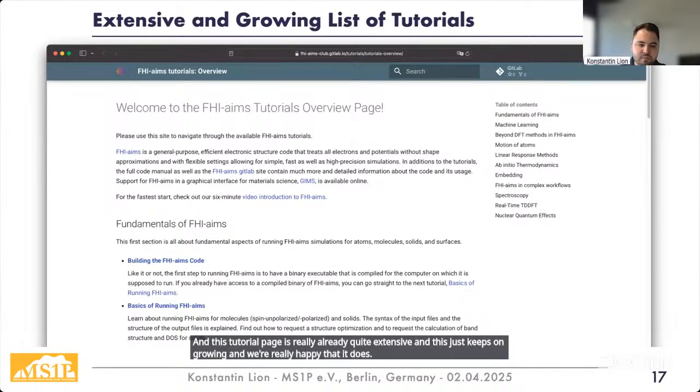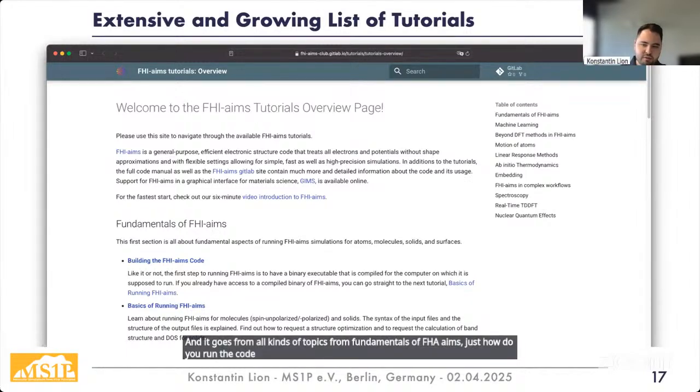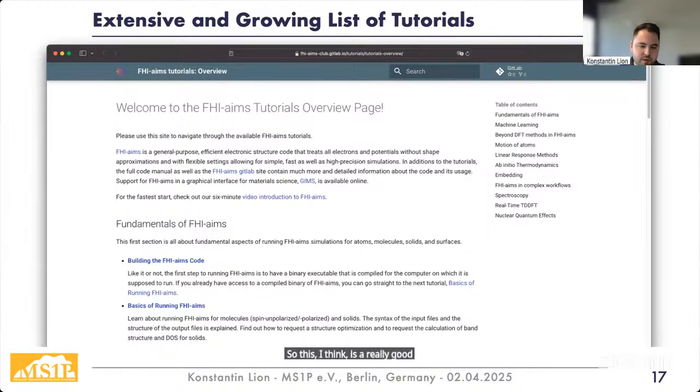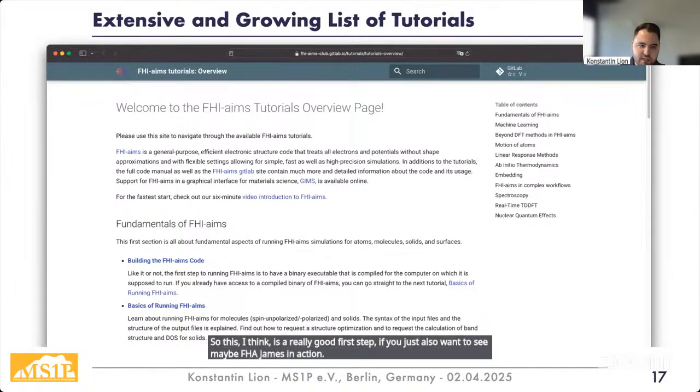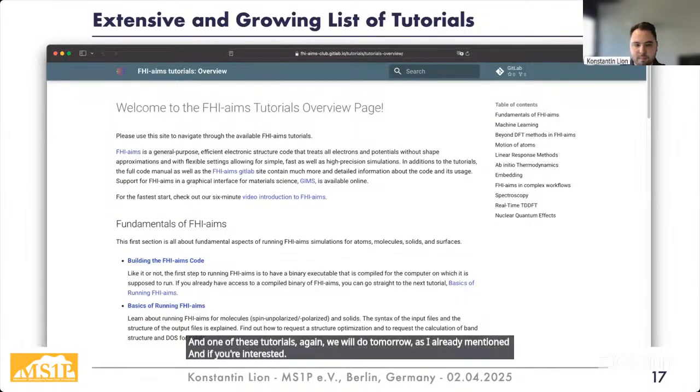It goes over all kinds of topics, from the fundamentals of FHI-aims, just how to run the code, to how to use different machine learning algorithms with FHI-aims, beyond DFT, molecular dynamics, complex workflows, spectroscopy, and so forth. I think this is a really good first step if you also want to see FHI-aims in action. One of these tutorials we will do tomorrow, as I already mentioned. If you're interested, please feel free to join.